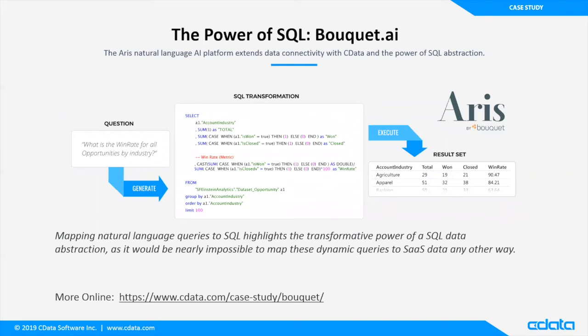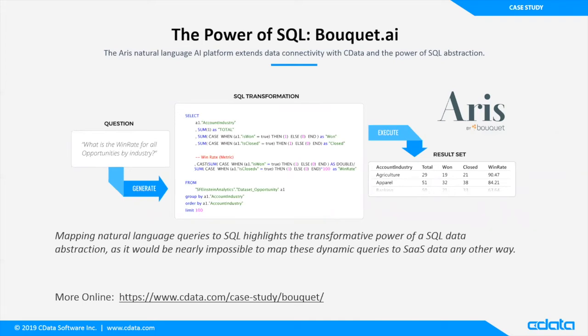To give you an example of the power of SQL and SQL abstraction, we look at one of the case studies that we have from one of our partners, and this is Bouquet.ai. Bouquet.ai is unique. They're a machine natural language processing product, which will take questions in natural language and send them back to your database to help you find answers.